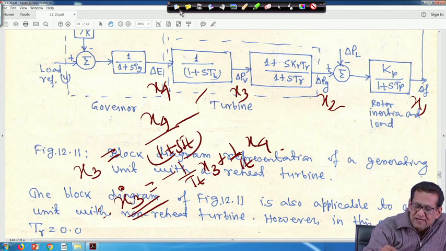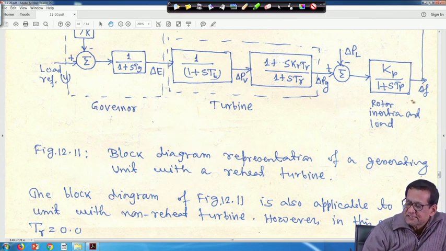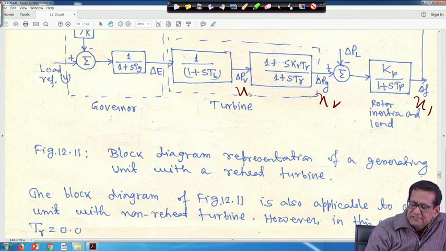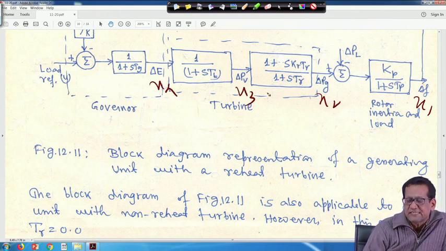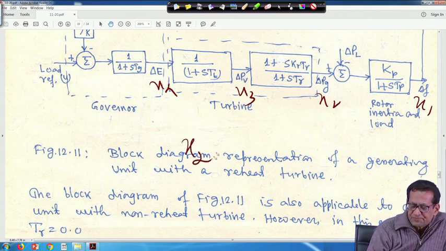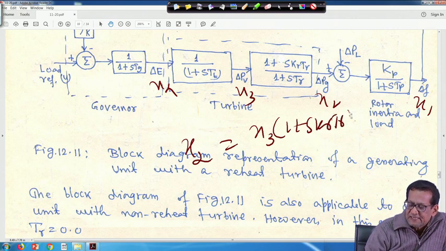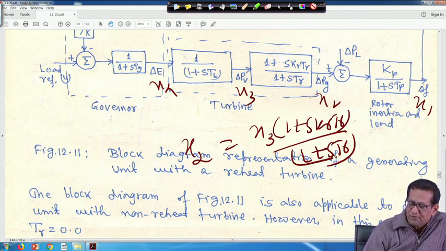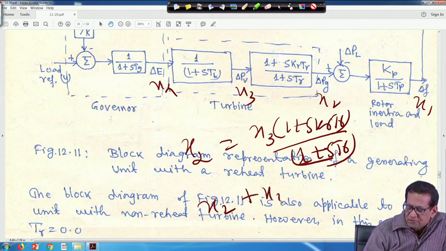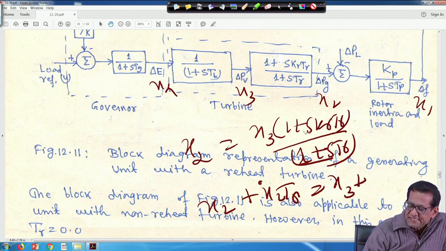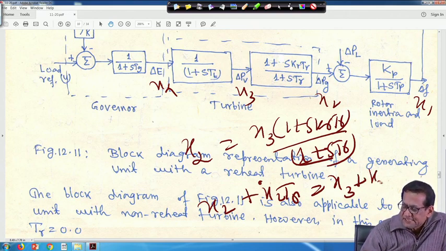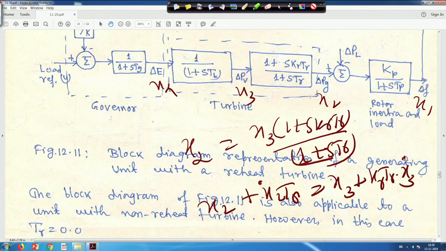Next, take this equation, this is my x1, this is x2, this is x3 and this is x4. So, x3 dot we have seen. Now, x2 is equal to x3 into 1 plus S Kr Tr upon 1 plus S Tr, right. Now, if you cross multiply, it will be x2 plus x2 dot Tr is equal to x3 plus S into x3, that is x3 dot, that means Kr Tr into x3 dot, right.